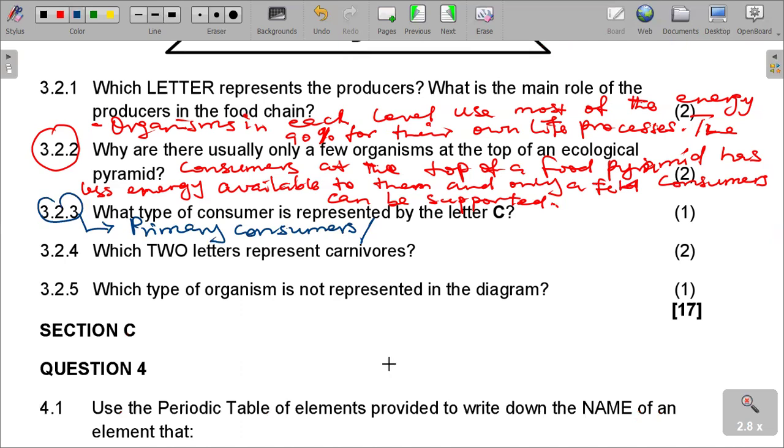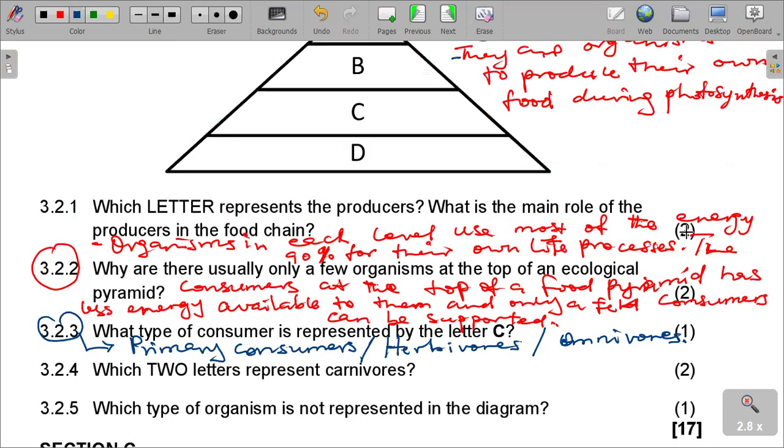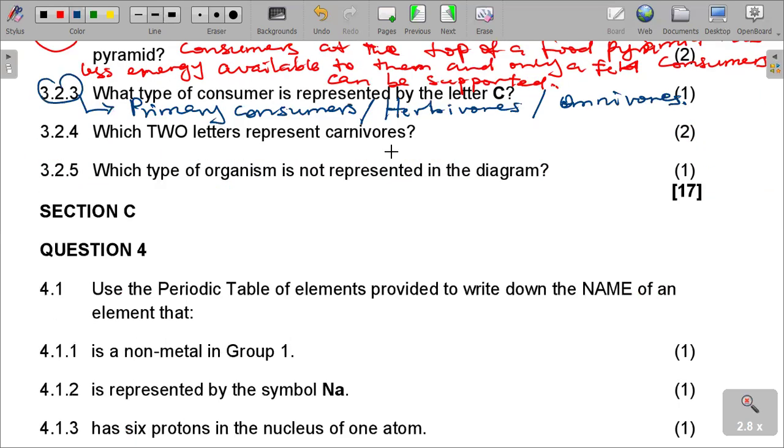We can also say herbivores, or we can say omnivores. They can be represented by C. As you can see, C is primary consumers. These are animals that feed on vegetation. We can say herbivores or omnivores.